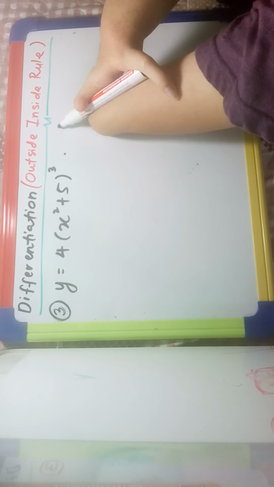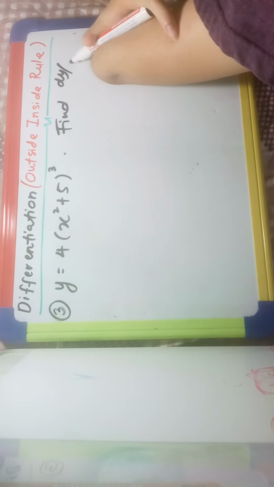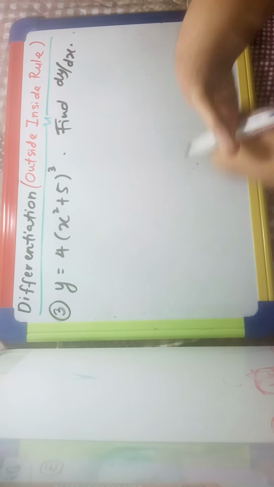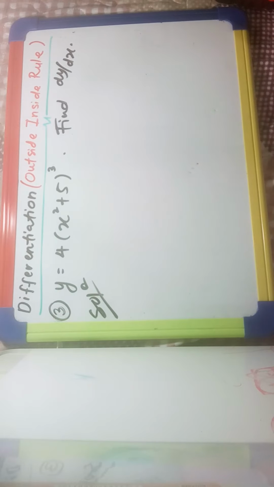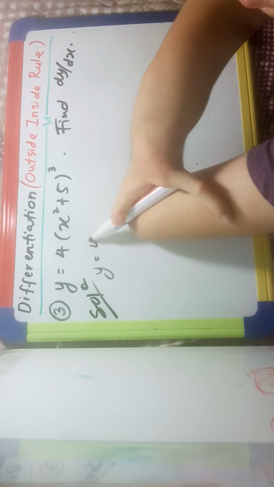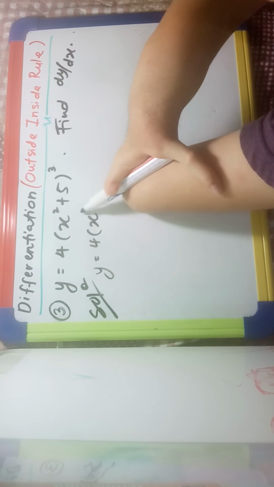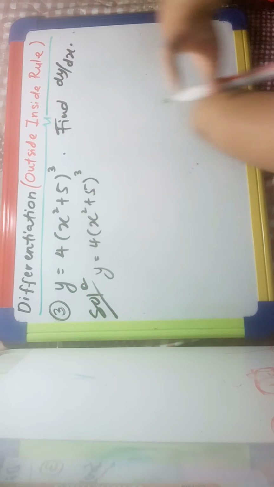Same question, I want to find dy over dx. Now I want to find dy over dx using the outside and inside rule.